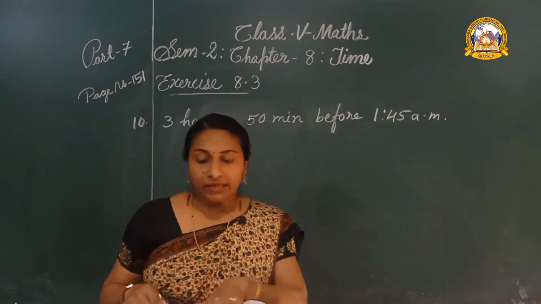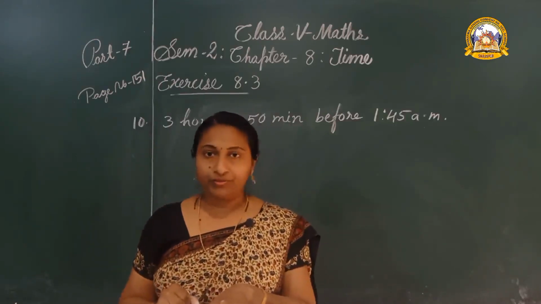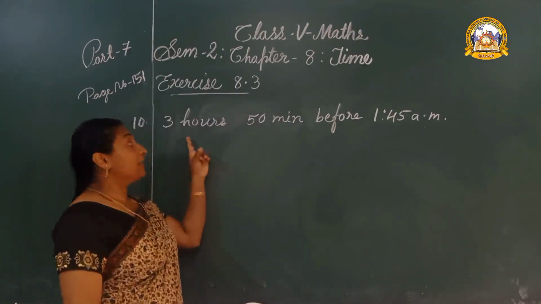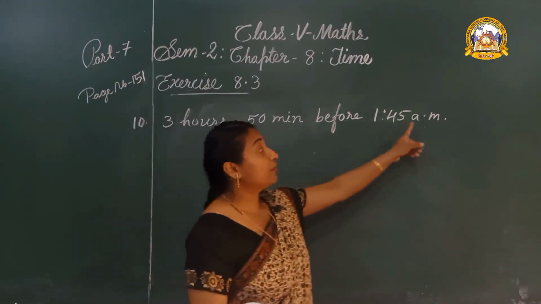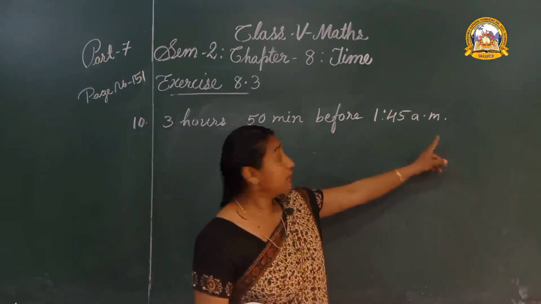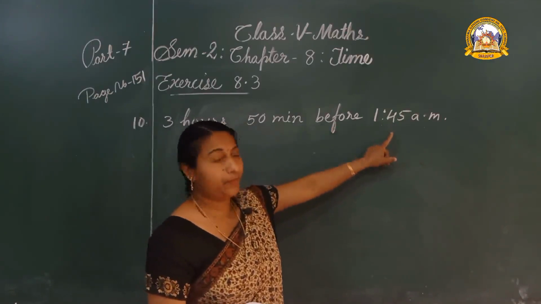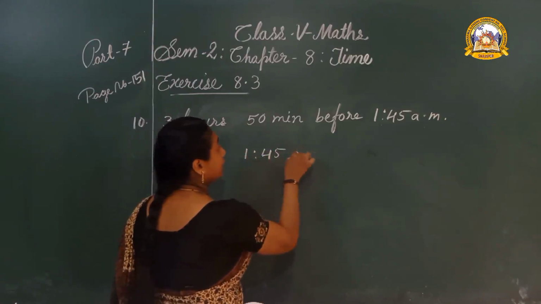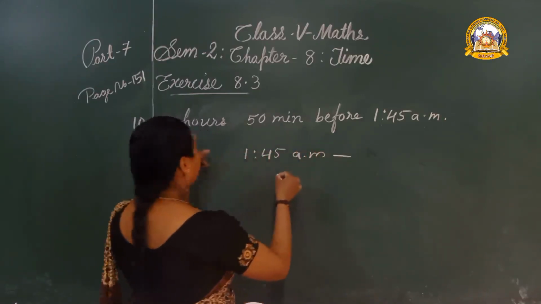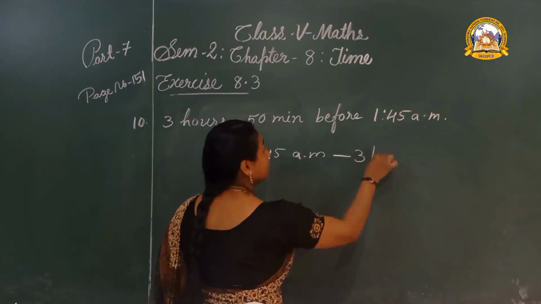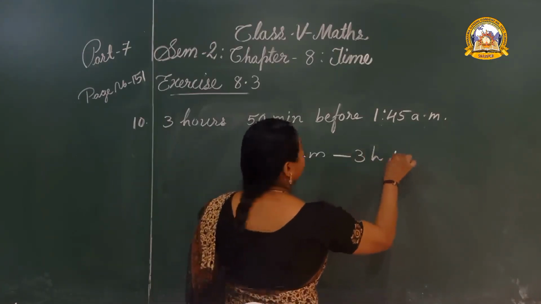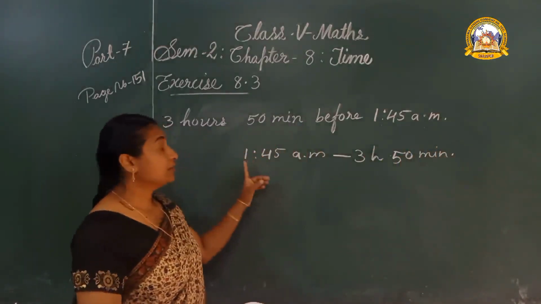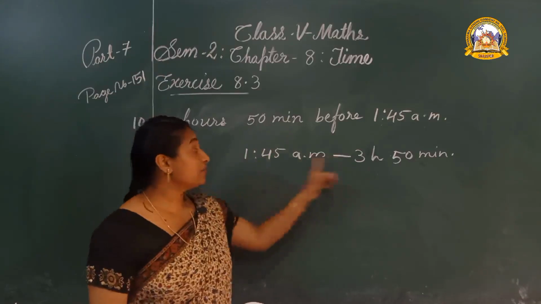Okay, children, the 8th and 9th you can do. Okay, I shall help you to do the 10th one. 3 hours 50 minutes before 1:45 AM. Okay, before what should we do? Subtract. Okay, 1:45 AM minus 3 hours 50 minutes. Okay, children, can we subtract 3 hours from 1 hour?